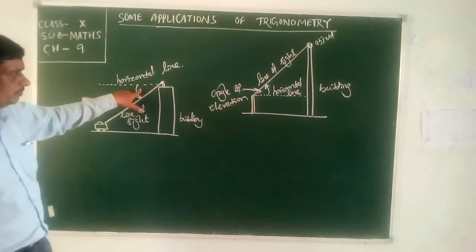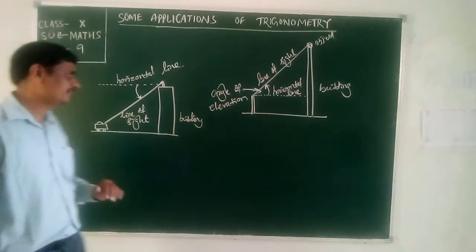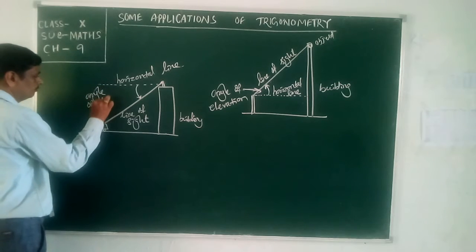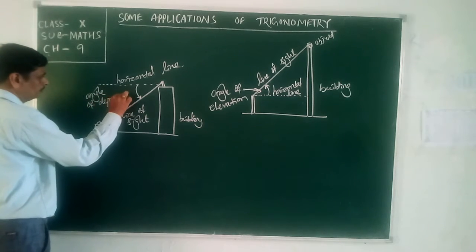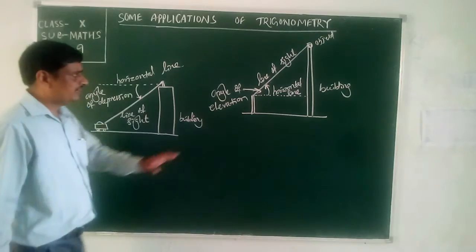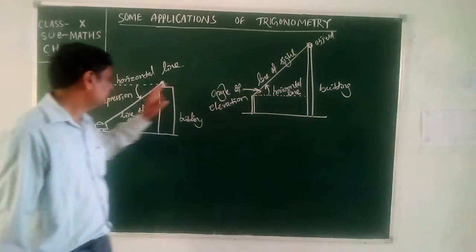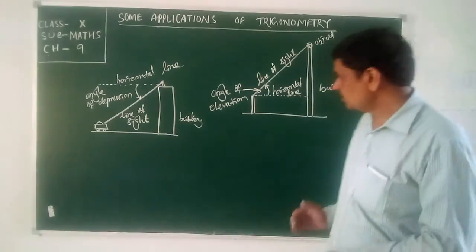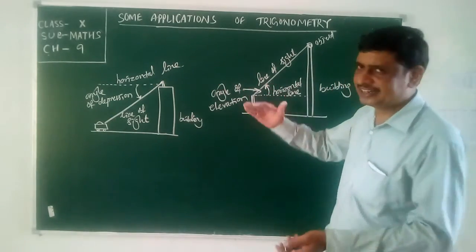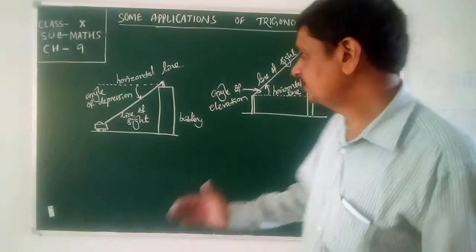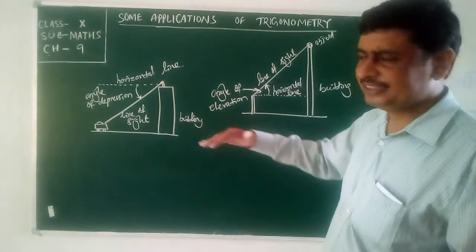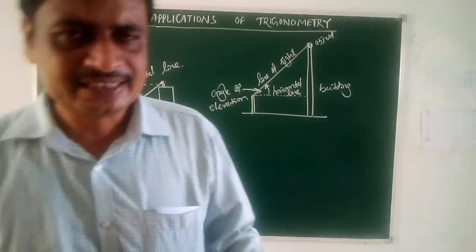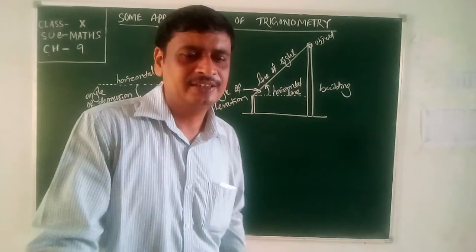This angle is said to be the angle of depression. This one is the angle of elevation. This one is the angle of depression. In which you find the inclination between the horizontal line and the line of sight. Angle of elevation and angle of depression.